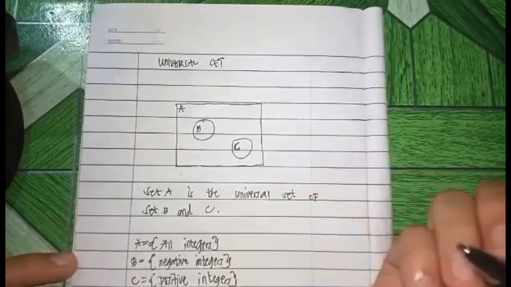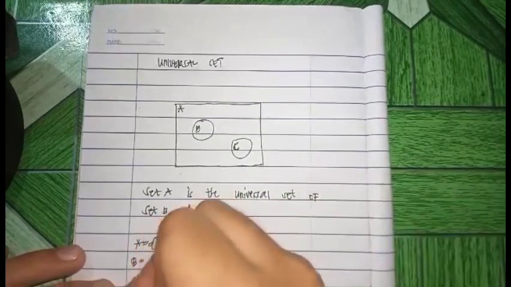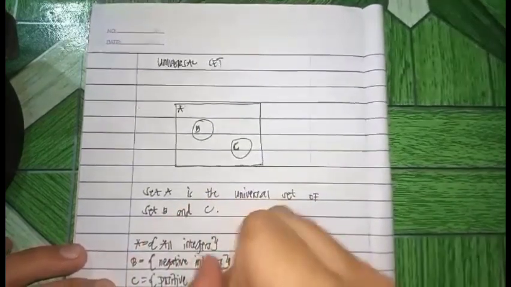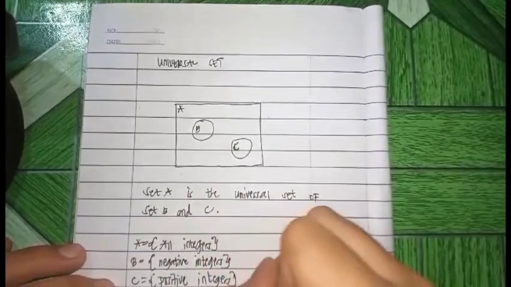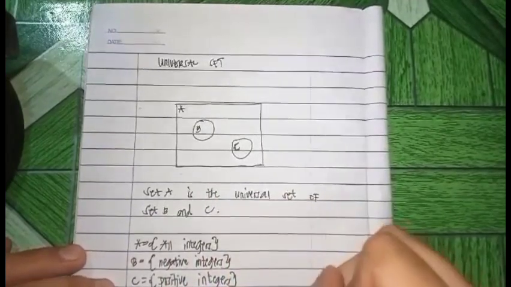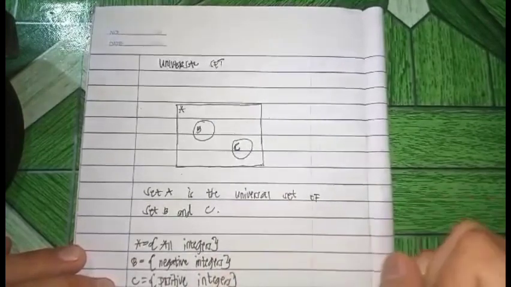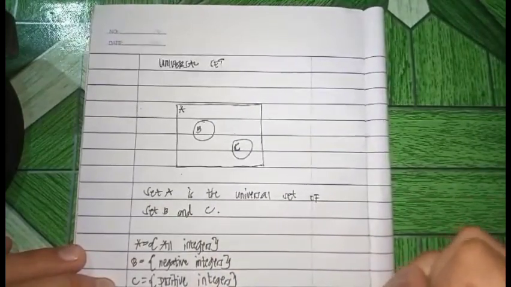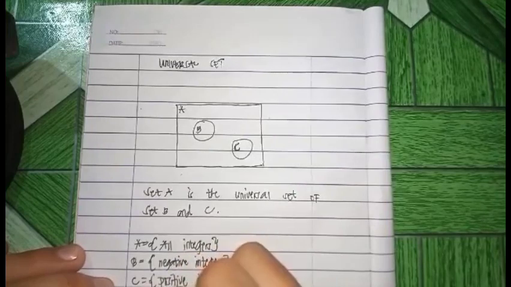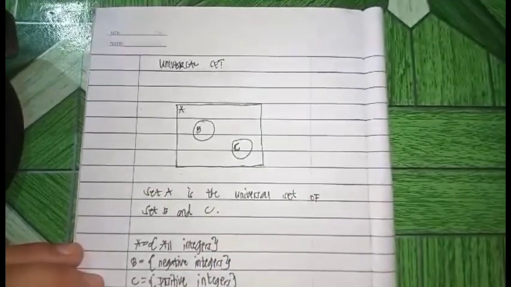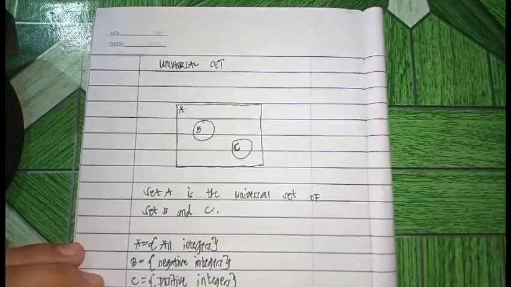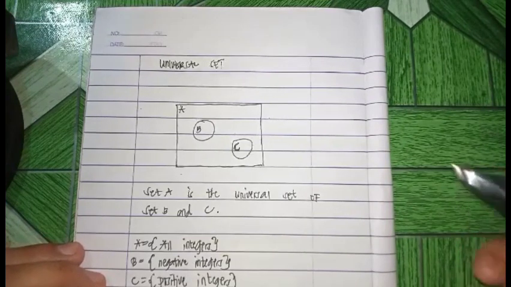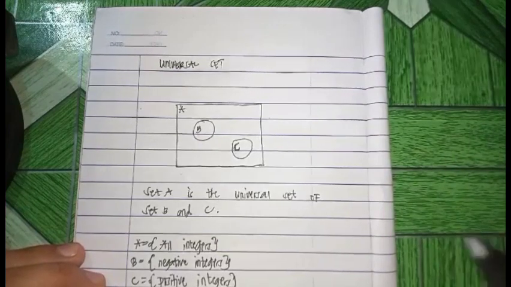So, in this way, set A is the universal set of set B and set C. Why? Because negative integers and positive integers are all in set A, because set A contains all integers. If we say all integers, both negative and positive integers are present in that set.